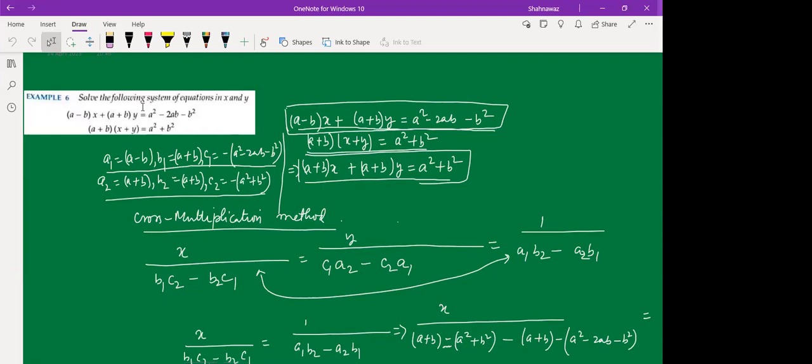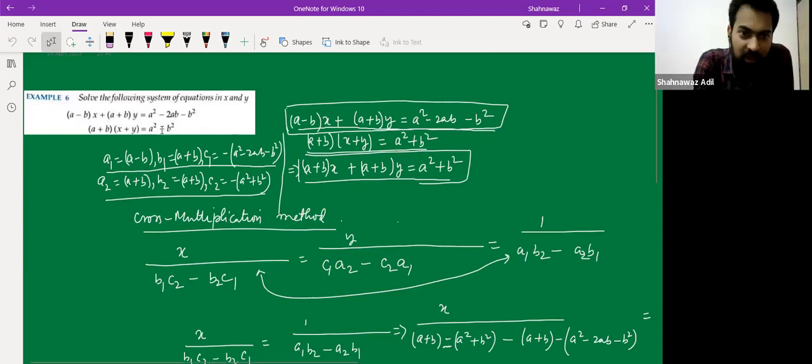A square plus B square. So this is not the general form. We should put this on the left side, right? So then your C2 will be what? Minus of A square plus B square, right? Because minus signs are very important in this cross multiplication method.